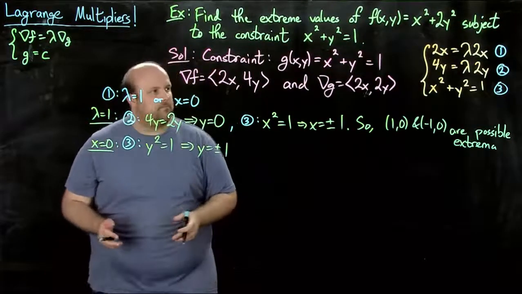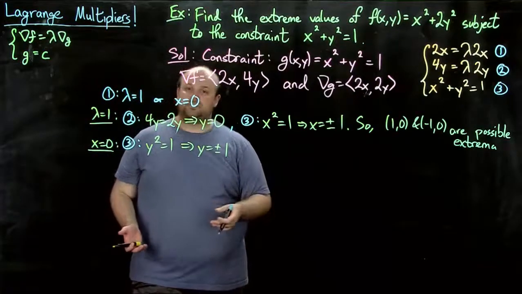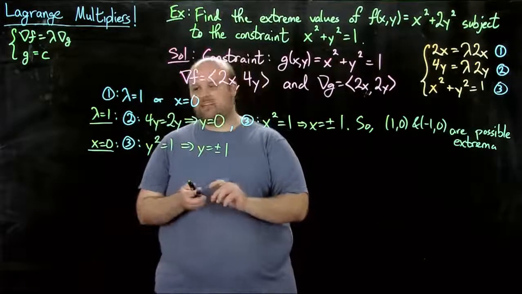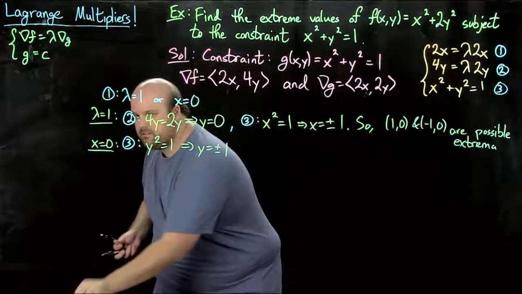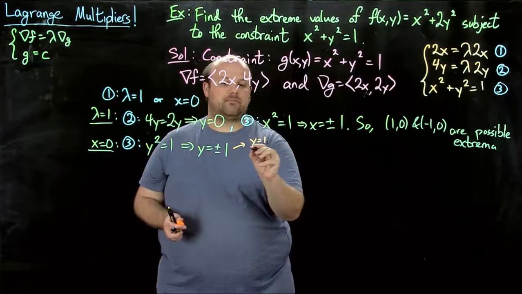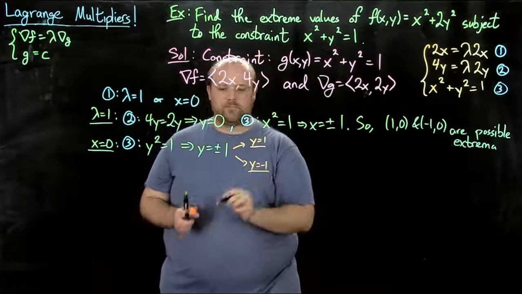All right? Well, now we have to use equation 2. And actually, we get sort of 2 more cases here. Actually, let's bring in a third color. Right? We have the y equals 1 case and the y equals minus 1 case.